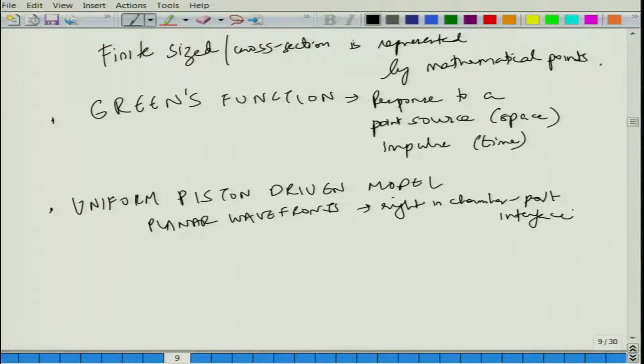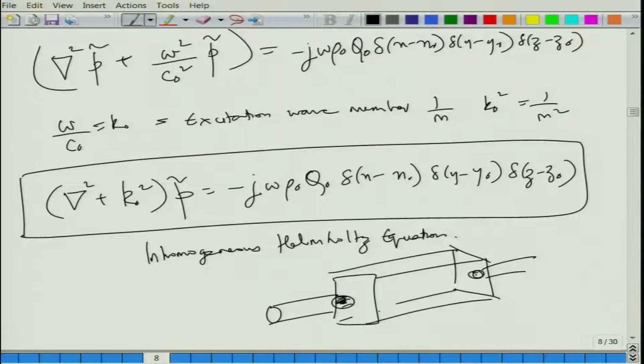We assume it right from the start. This is one of the salient features of the piston driven model, but it is much better than the Green's function, because now at least you are representing the ports by an area, and we will soon see that integrating the Green's functions over the port area can do a lot of good things for you.